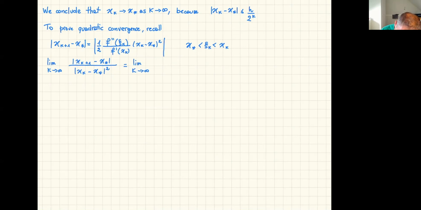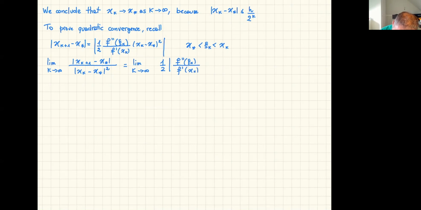So that is now a half the absolute value of f double prime at psi k divided by f prime at xk.